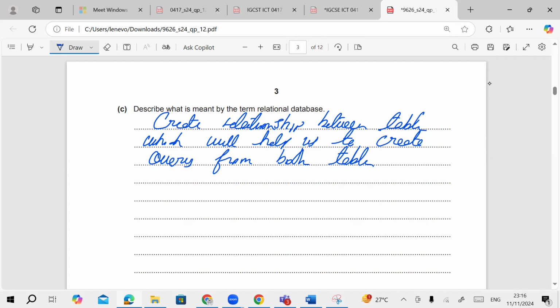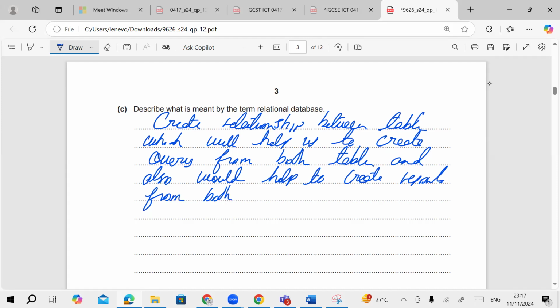So we have queries from both tables and also it would help to create reports from both tables, right? So this is the reason why we use relational database.